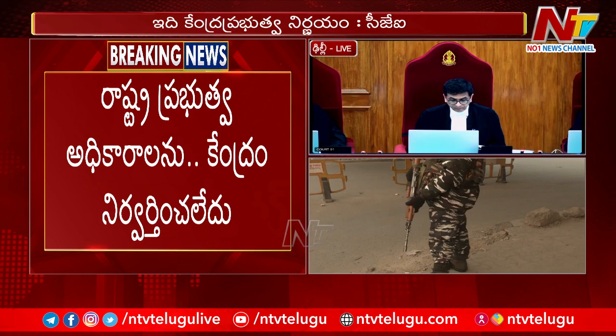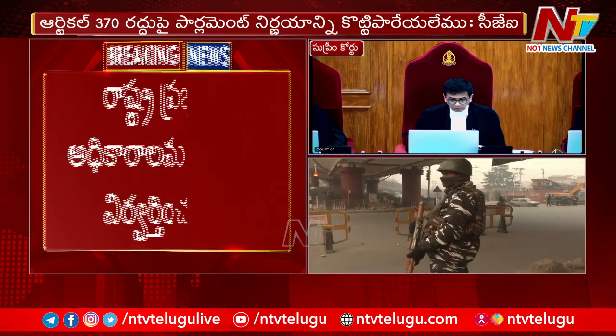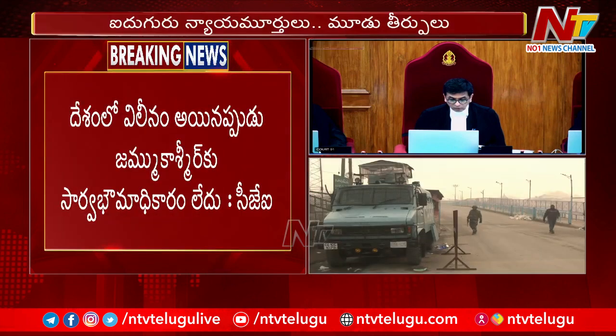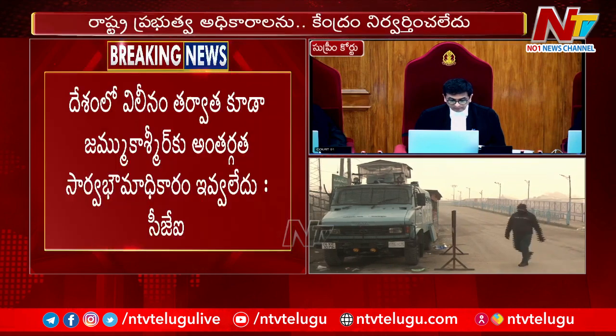The next issue is the challenge to CO 272 on the ground that the President could not have secured the concurrence of the Union government under the second proviso to Article 370, Clause 1.